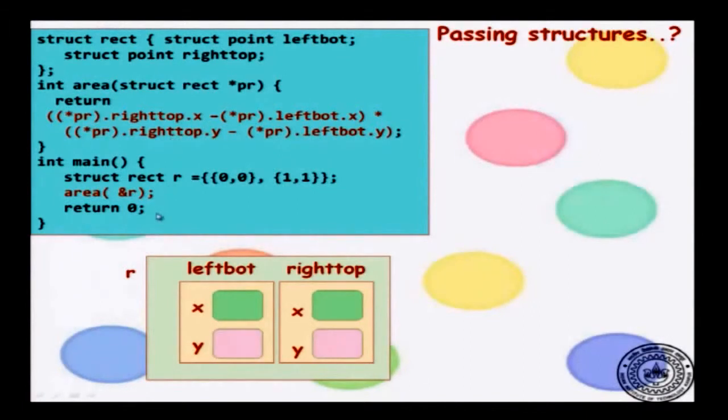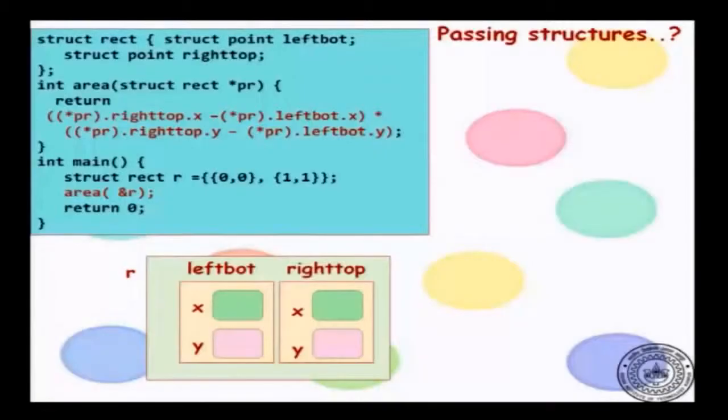Now, how would you pass the argument? You would say address of the rectangle R. So, you would say area and the parameter is address of R. Now, inside the function, earlier you remember it was r dot right top dot x. Now, pr in this case is just a pointer to a rectangle. So, we have to access the variable in that address. How do you do it?